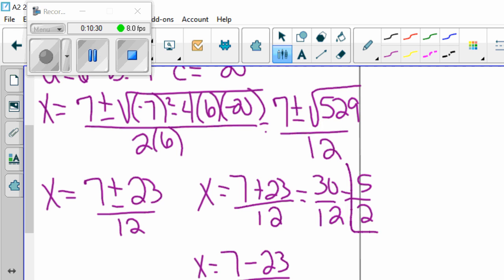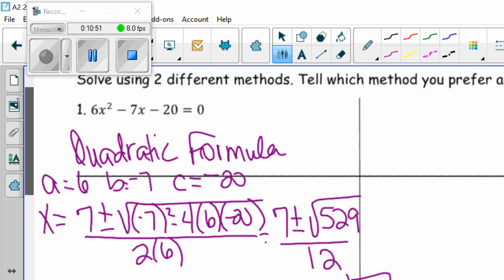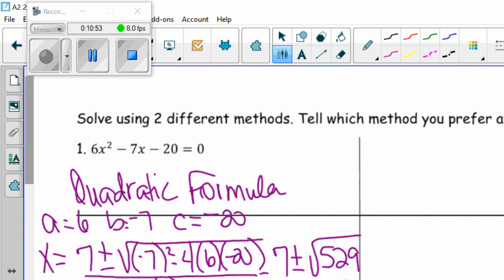So my first answer, 5 halves. When I do 7 minus 23, I get negative 16 over 12. Again, not a nice whole number, but I can simplify that. So 16 and 12, they both have a 4 in common. So I end up with negative 4/3. Those are my two answers. All right, so now let's work at another method. Let's try to factor.